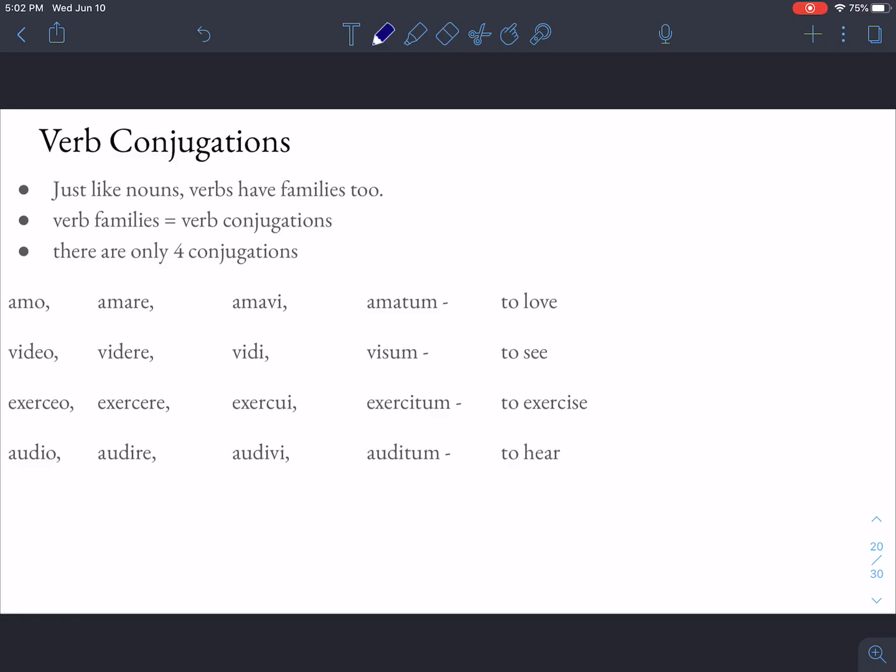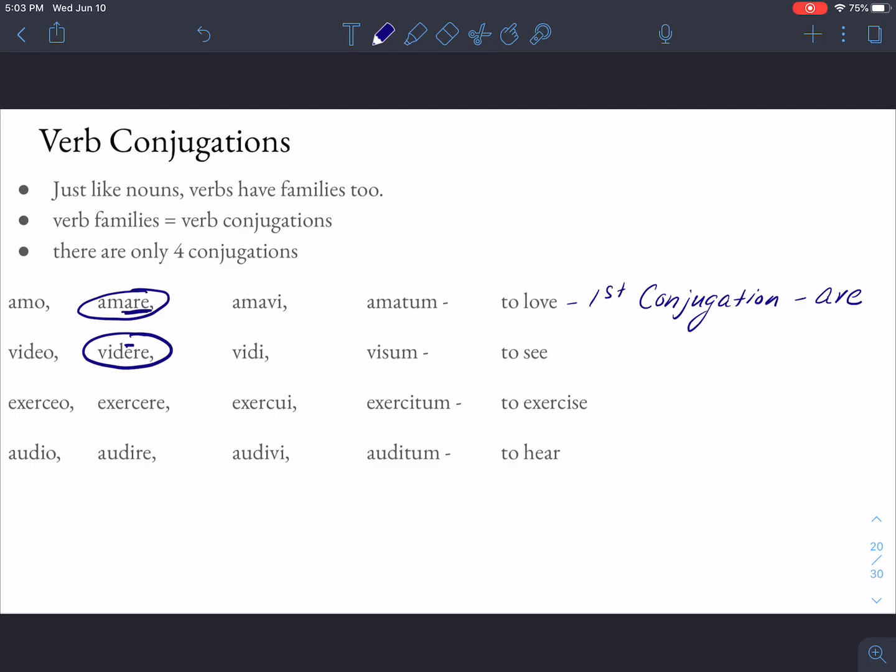Long story short, if the infinitive ends in -are, it's a first conjugation verb, meaning it belongs to the first conjugation, the first verb family. So first conjugation is -are. Second conjugation, even though there's no long mark here, you can hear it in the way that we pronounce it. Vidēre.